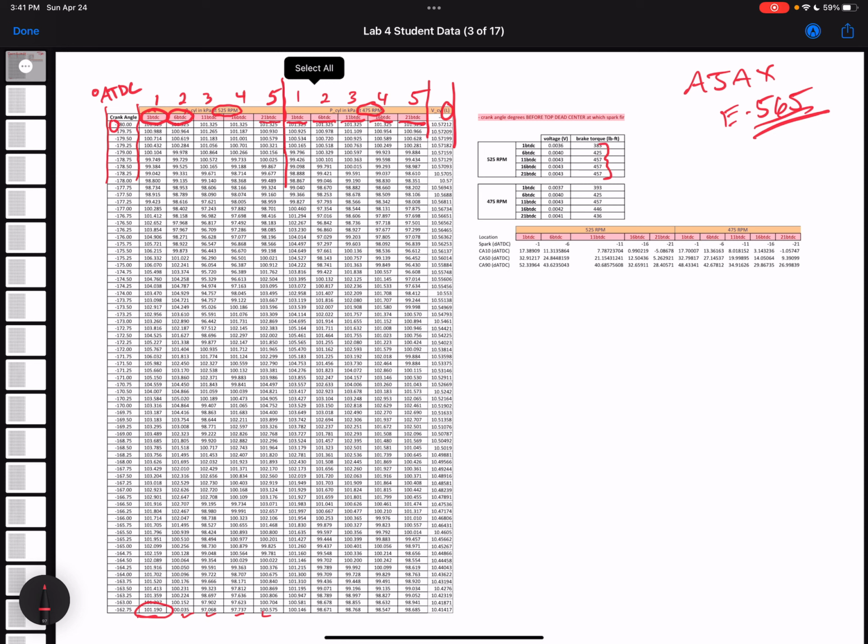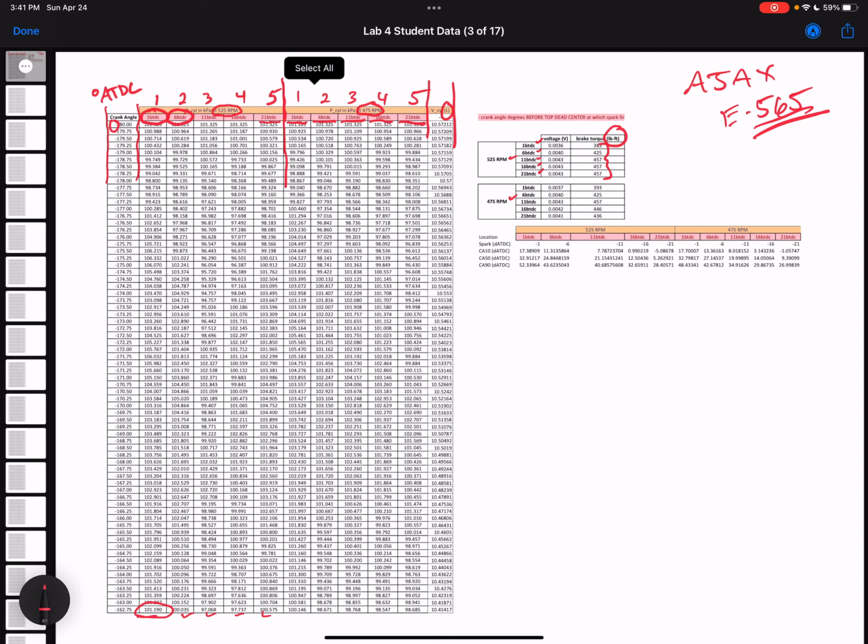Okay, so we also have listed in the spreadsheet the brake torque for each of the spark timings at the two different speeds. There's a chunk of data for 525 RPM and another block of data for 475 RPM. Note that the brake torque is provided in foot-pounds, so make sure that you're consistent with your units.